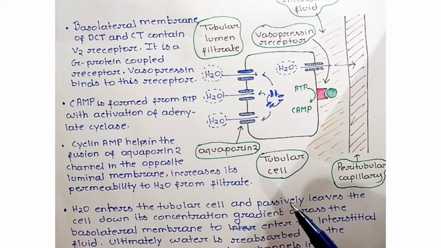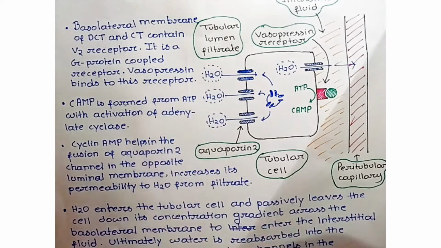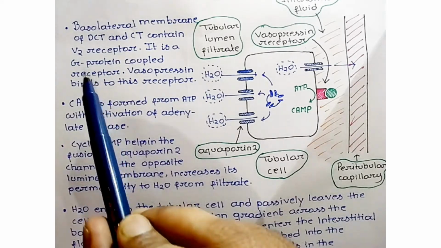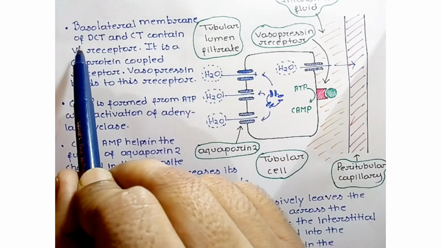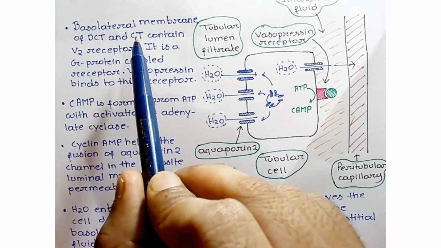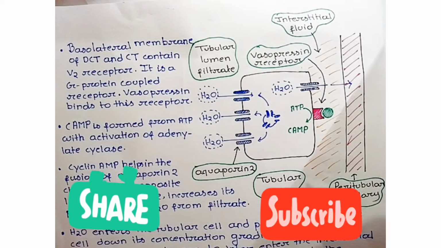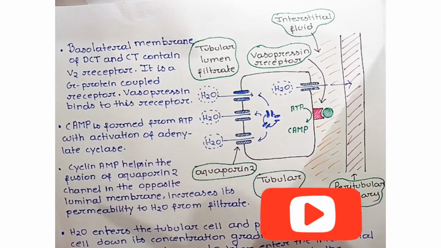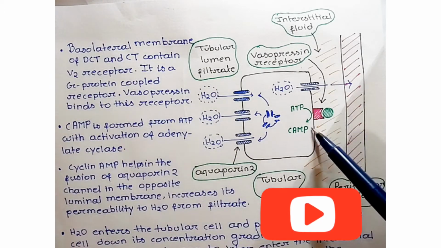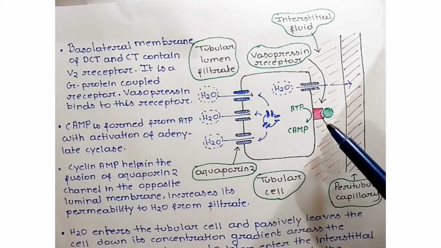These cells may be from the distal tubule or collecting tubule. So the first point says the basolateral membrane of DCT and CT contains the V2 receptor. In the kidney, the vasopressin receptor is known as the V2 receptor. So this is the V2 receptor.